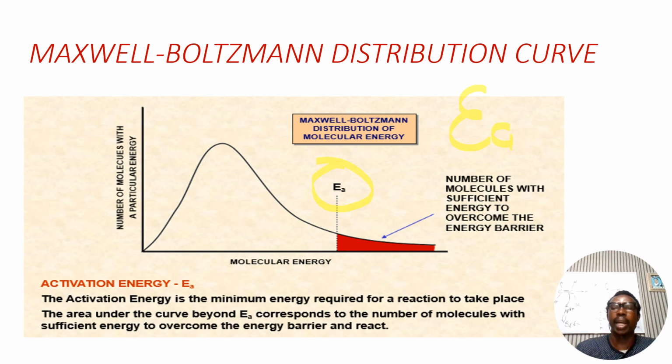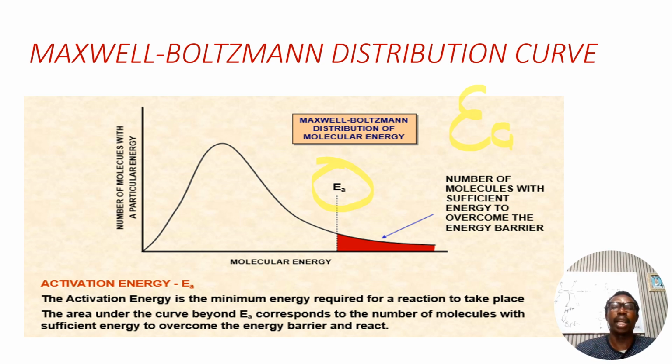Before any chemical reaction can take place, the reactant particles must collide. The essence of collision is for the reactant particles to generate energy equal to or more than the activation energy. The activation energy is the energy barrier that must be overcome for any chemical reaction to take place.